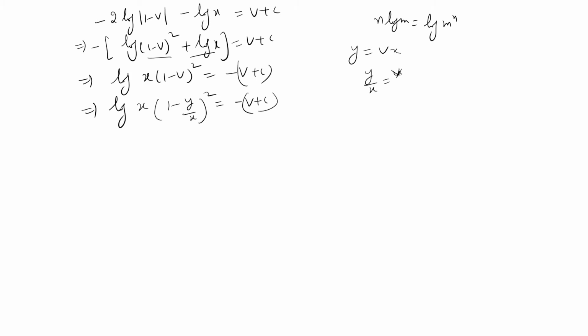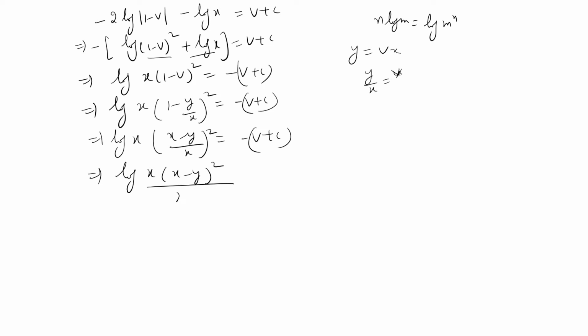So this becomes log x minus y upon x whole square is equal to minus v plus c. So we will get log of x into (x minus y) whole square upon x square. This is minus v plus c.